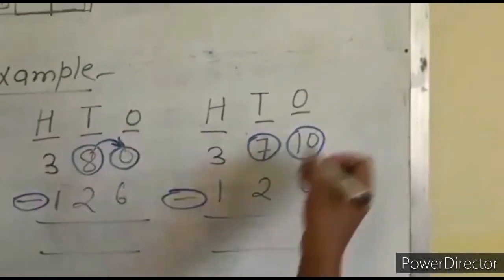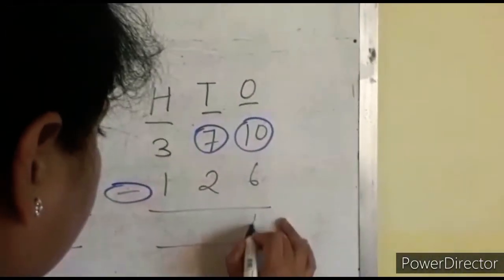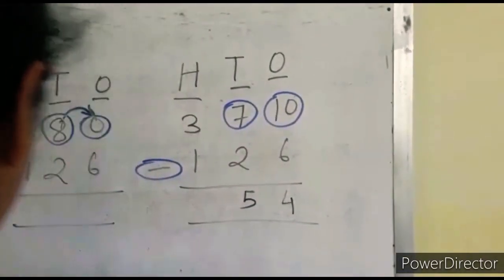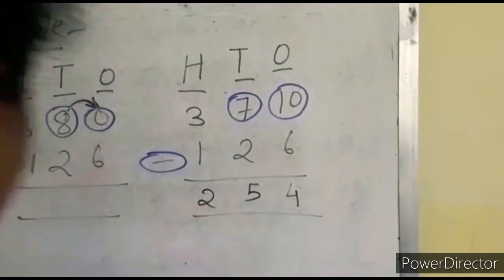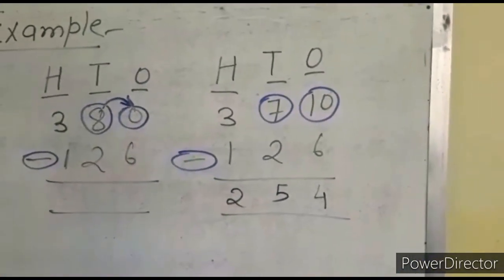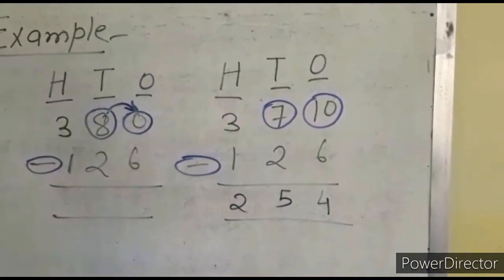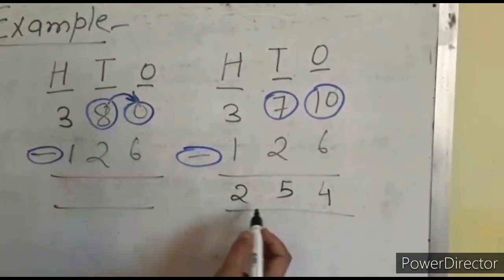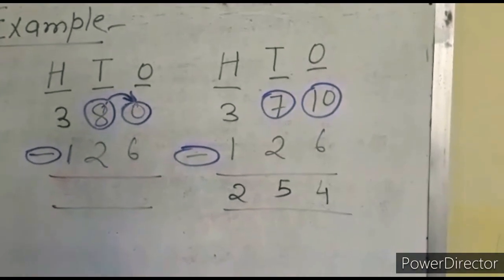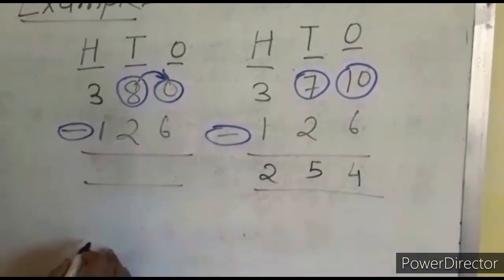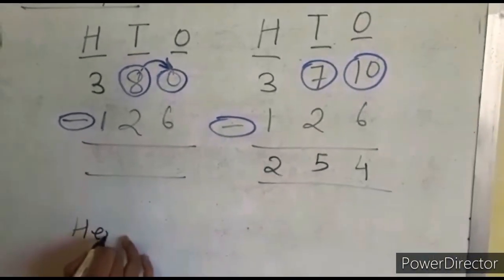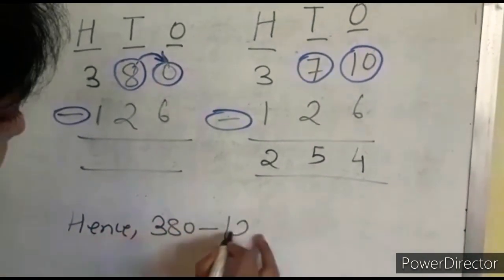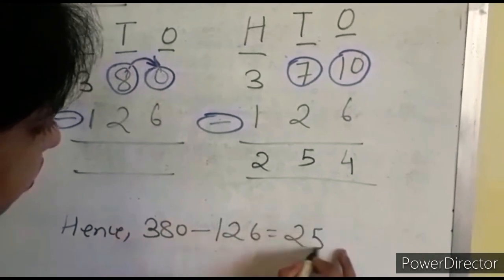Then you subtract 10 minus 6 is 4, and here it is 5 and 2. So 380 minus 126, the answer will be 254. Hence 380 minus 126 is equal to 254.